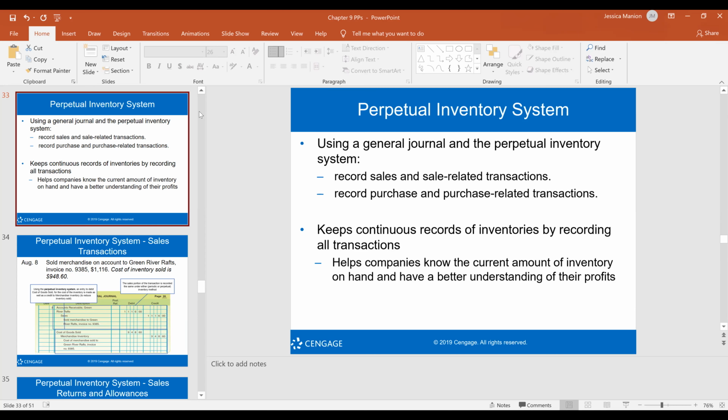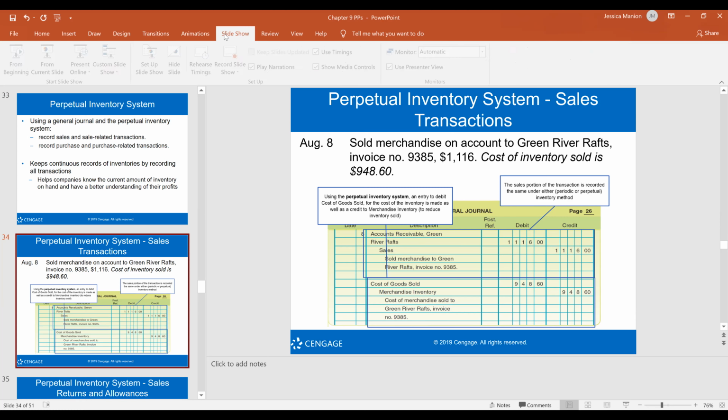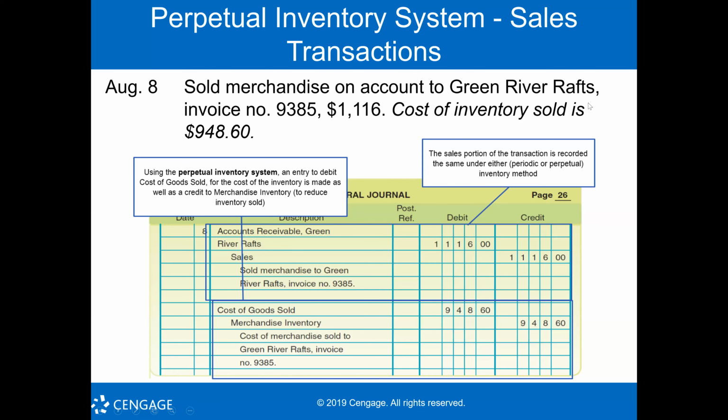Here's our first example. On August 8th, we sold merchandise on account to Green River Rafts, invoice number 9385, for $1,116.